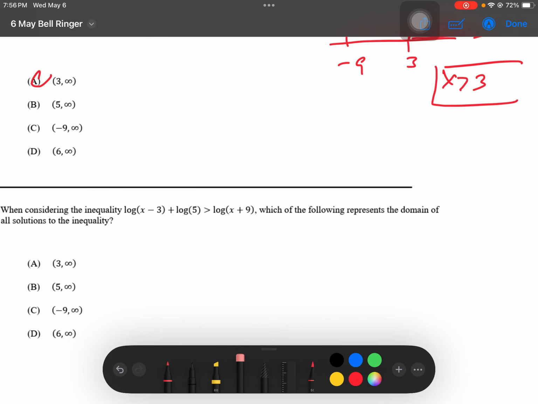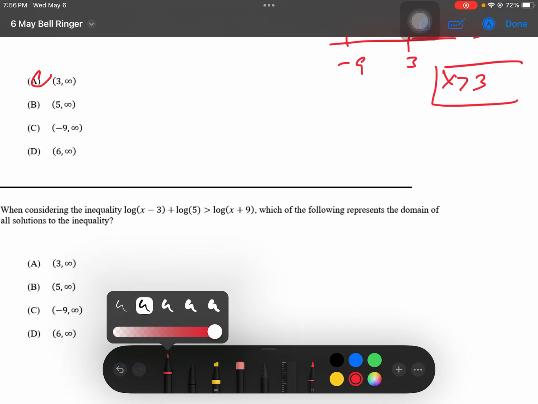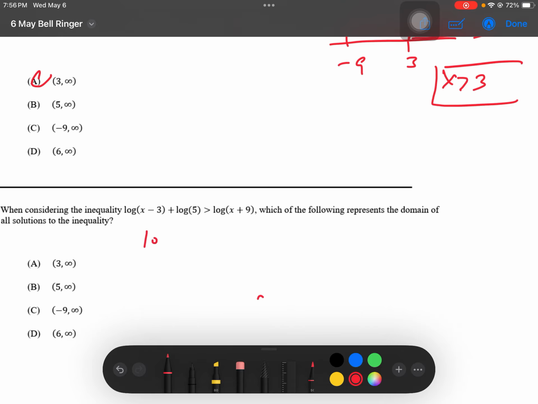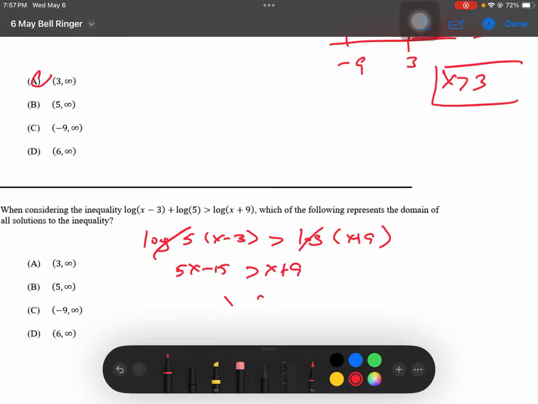So I'm going to condense the log, and so that's going to give me log of 5 times x minus 3, and that is greater than log of x plus 9. Good. Now drop the logs, and I'm going to have 5x minus 15 is greater than x plus 9. Solve for x now, you're going to have x is greater than 6.